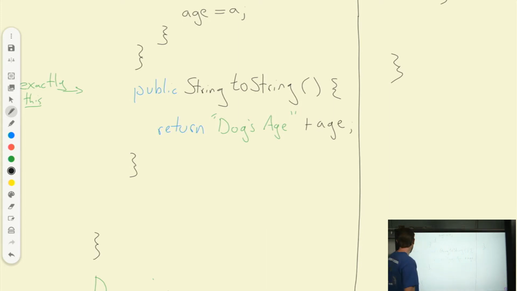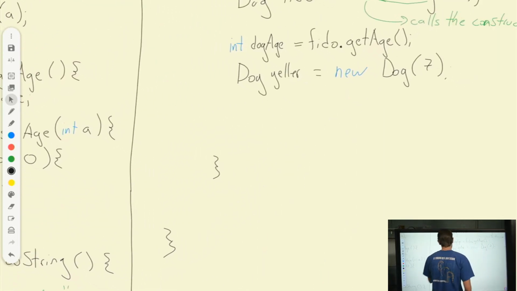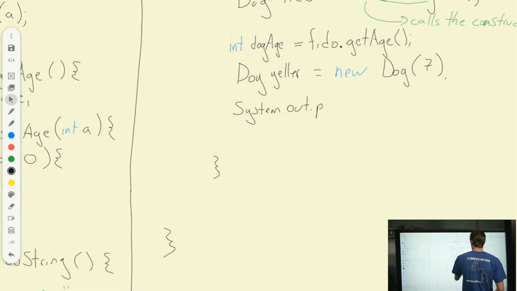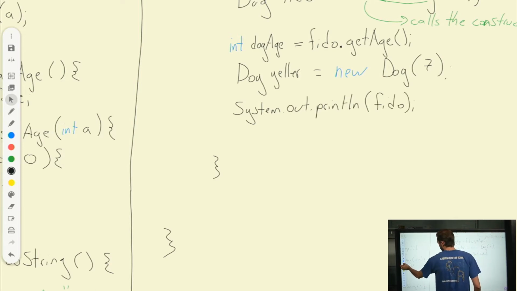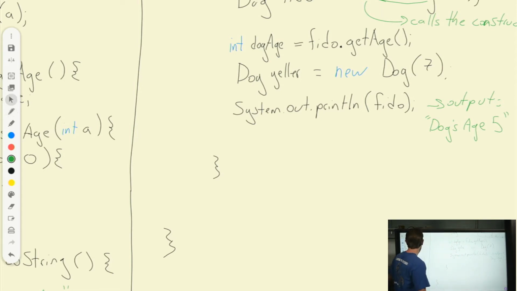And now, if I go over to my kennel class and I do a System.out.println of Fido, this will now output dog's age is 5, as we recall from our Fido when we created and instantiated our first dog object.